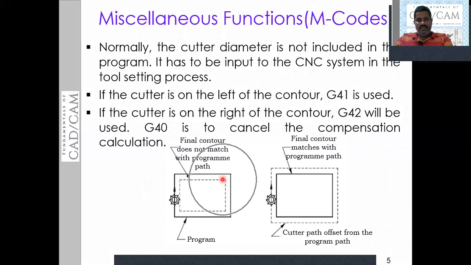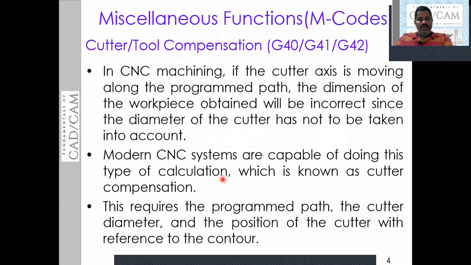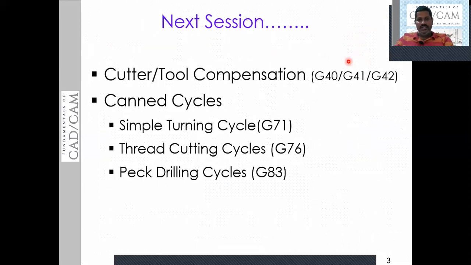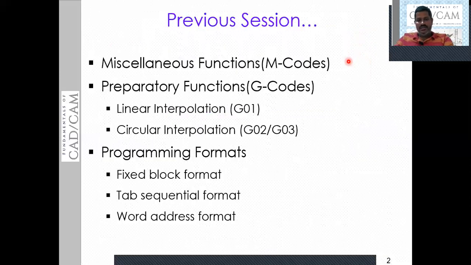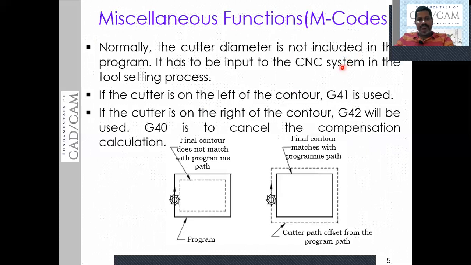Then we have discussed that the compensation will be carried out by using G codes. G40, G41 and G42: G40 is to cancel the compensation, and G41 is for compensating.